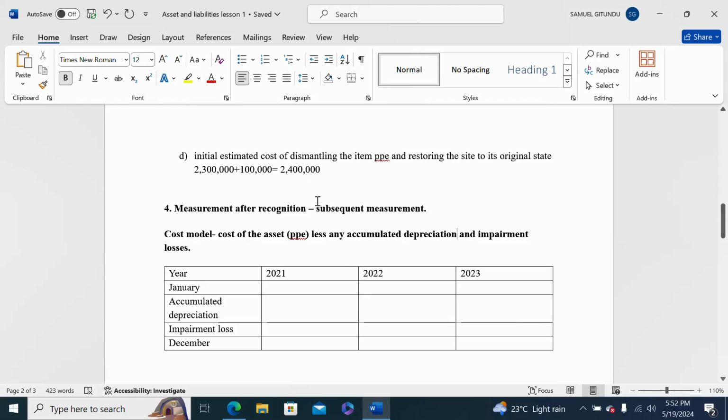So in January 2021, we recognize the cost, and here we have the book value.